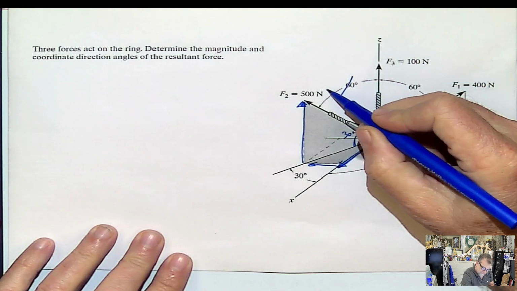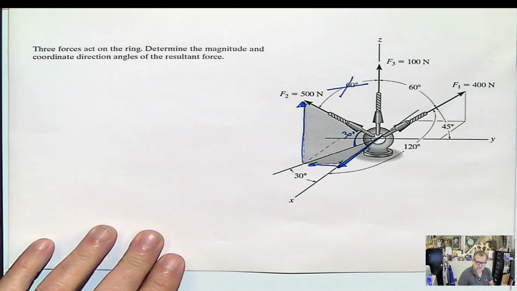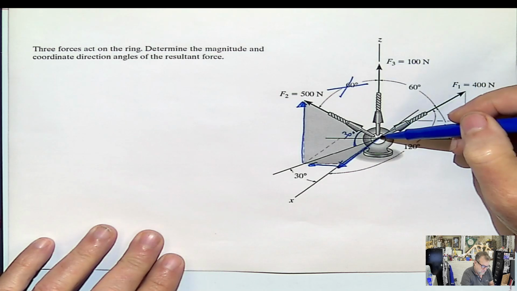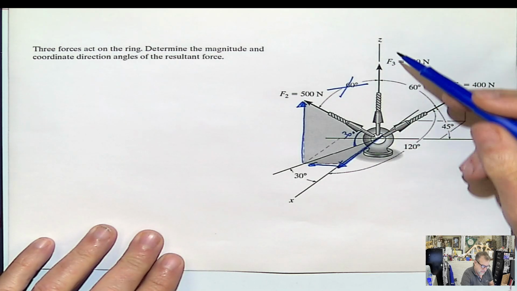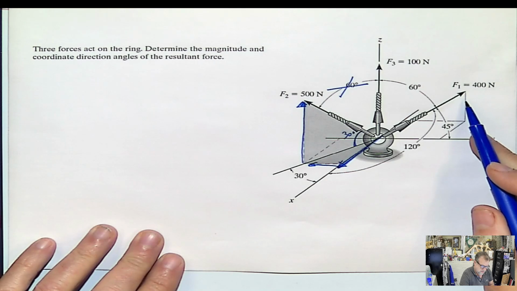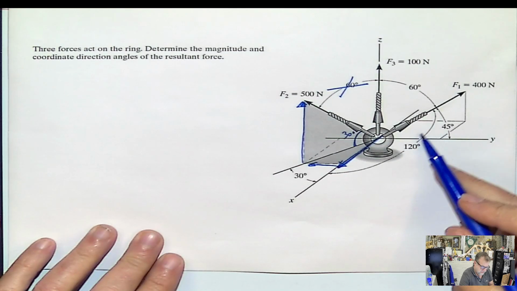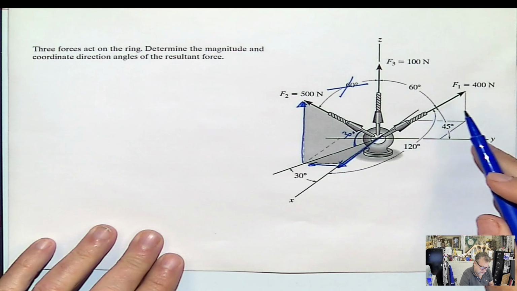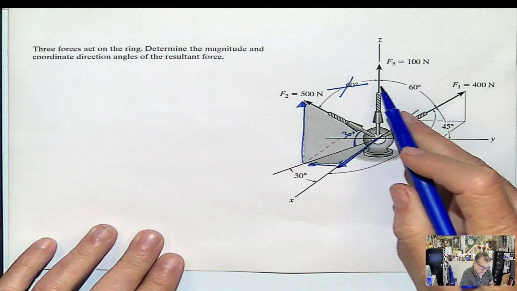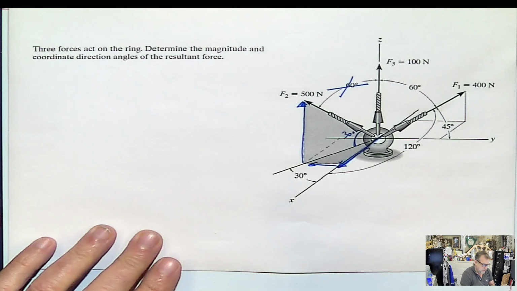But it's not really well written right there, at least in my opinion. The force 3 goes entirely into the z-axis, and for the force 1, you have this alpha with the x-axis, beta, and gamma with the y-axis. So we have all of them.